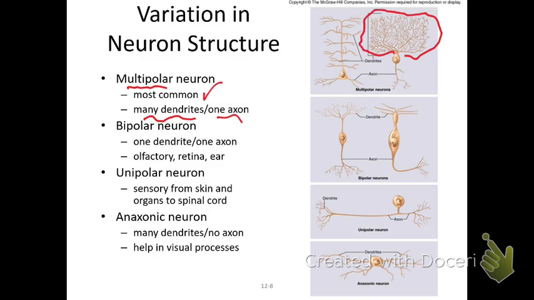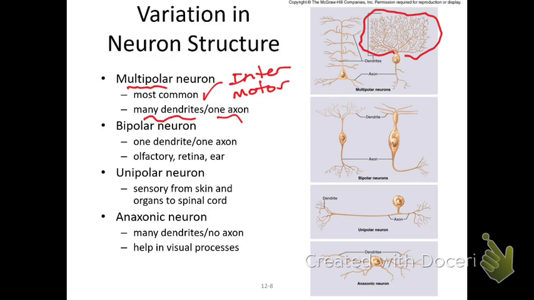All of that information coming into that one soma. As we go through this unit, you're going to see that the interneurons and the motor neurons are of this type. So interneurons and motor neurons are both multipolar in their morphology, in their shape.